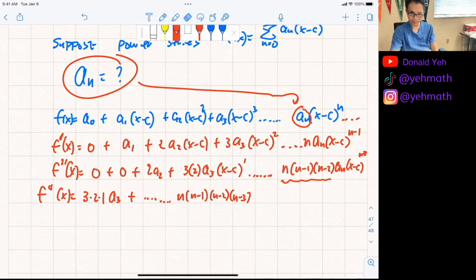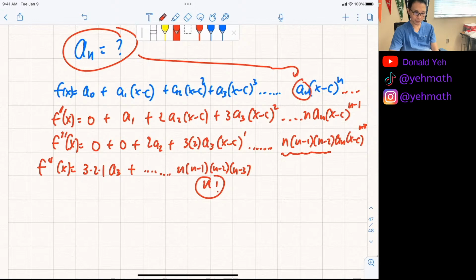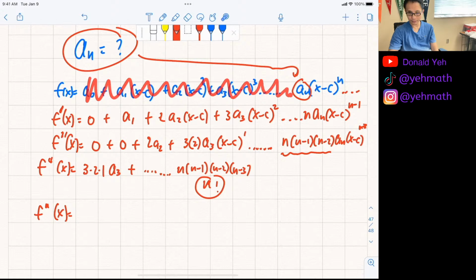So basically, this part will change to the factorial. What happens is, if I take the nth derivative, if I take enough of them, eventually that's going to completely kill all these terms here.